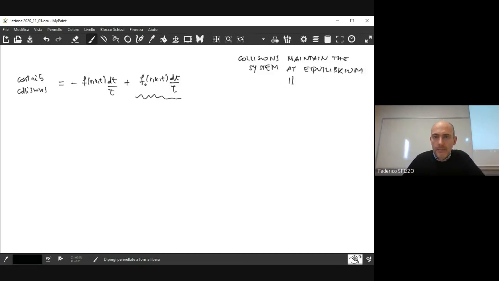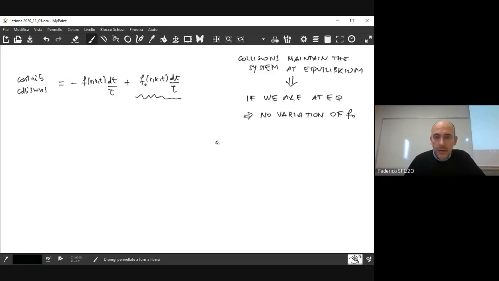So this means that if we are at equilibrium, then, if the collisions maintain the system at the equilibrium, this means that the equilibrium distribution function has not to be modified by collisions.